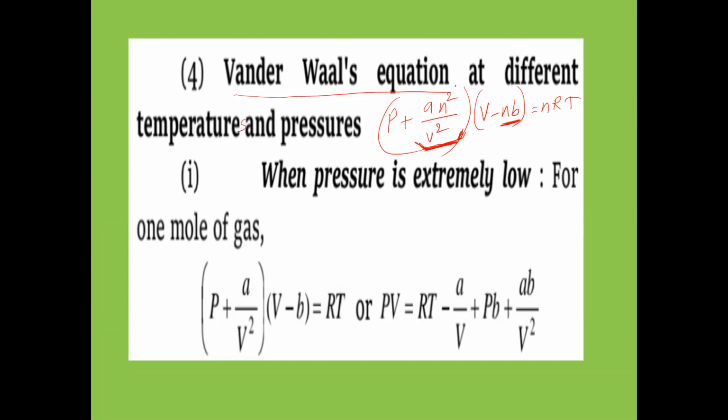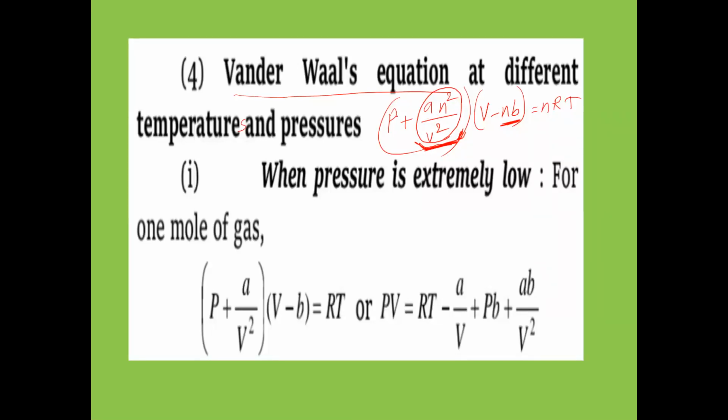And in some conditions, An square by V square, that is the pressure correction, will be neglected. When pressure correction is neglected, it becomes 0. Then P plus 0, P only.